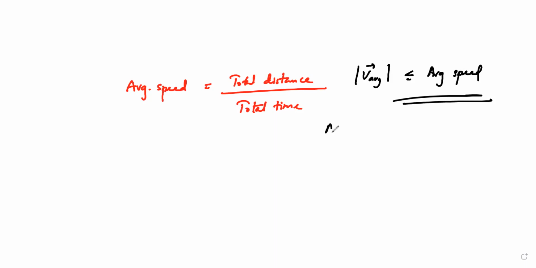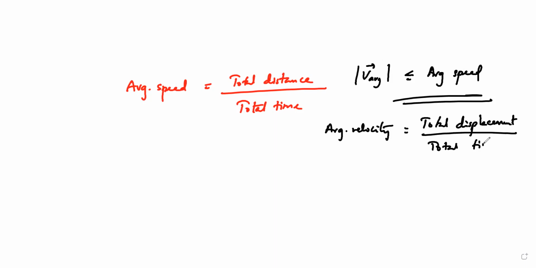So what is average velocity? Average velocity is total displacement by total time. Okay, right.